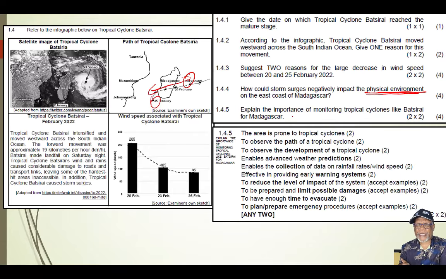Now the question is, explain the importance of monitoring tropical cyclones. Why is it important to monitor tropical cyclones? Because the area is prone to tropical cyclones, to observe the path and know the strength, to observe the development of a tropical cyclone so that it enables advanced predictions, enables correction of data, and effective provision of a warning system to reduce the level of impact of the system, to prepare and limit possible damages, to have enough time to evacuate and to plan.